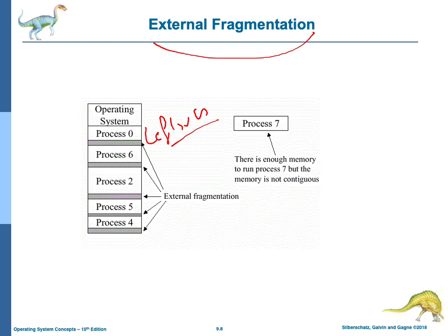So it's those free spaces that exist in memory, but they are actually scattered all over the place, and they're not combined, and so we cannot really fit a process in them. So we do have empty space, but it's not combined together to form a larger hole where we can put a new process in. So we call this external fragmentation.